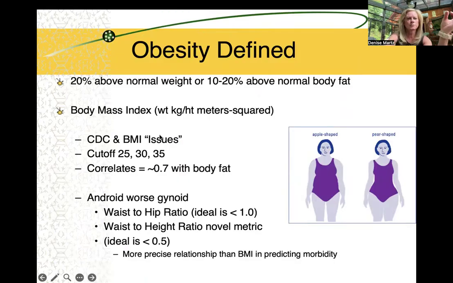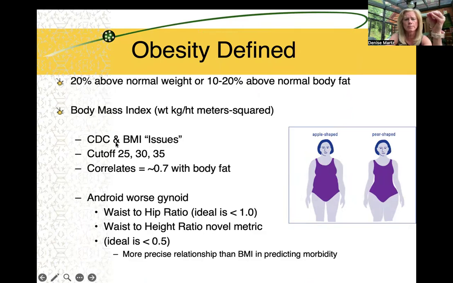Obesity is defined as being 20% above normal weight or 10 to 20% above normal body fat. And body mass index is a very commonly used measure. I've used it in my research before. The metric is weight in kilograms over height in meters squared. But I think many of you already know that there are lots of issues measuring body weight with body mass index, or BMI.